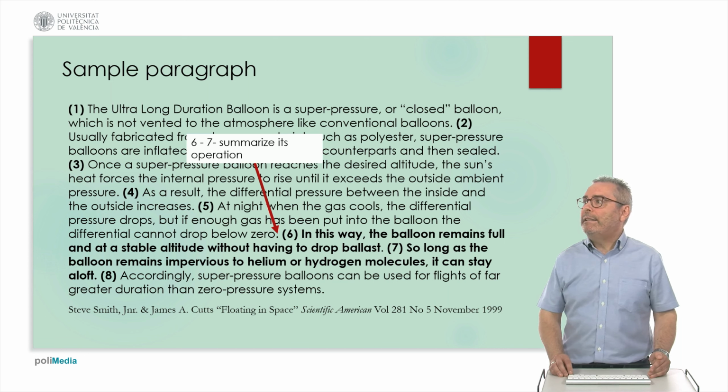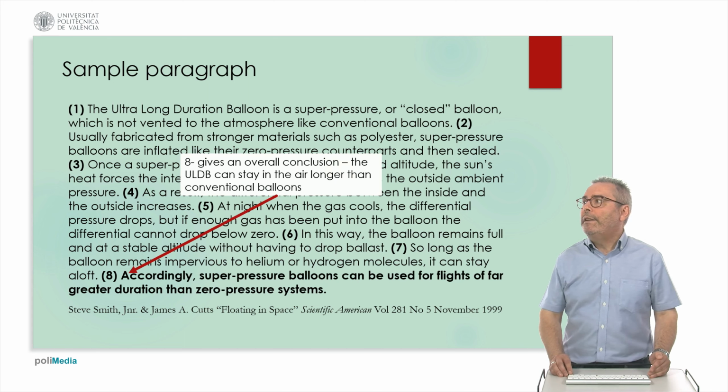So long as the balloon remains impervious to helium or hydrogen molecules, it can stay aloft." And then we have the last sentence, which is an overall conclusion. "Accordingly, superpressure balloons can be used for flights of far greater duration than zero pressure systems."